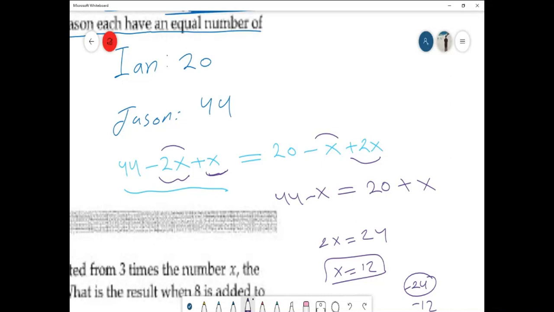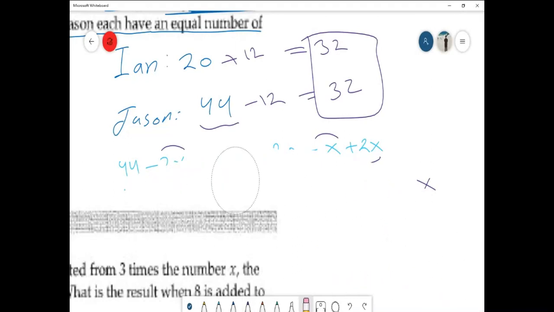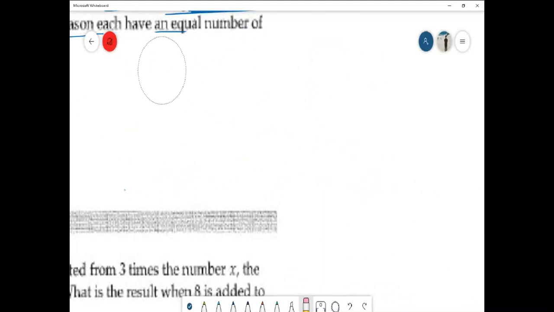After 12 turns, each turn Jason is giving 2 cards, so I have to subtract 24 from Jason and 12 from Ian, and add 12 here and 24 there. So it will be 32. It will be 32, so these are equal.